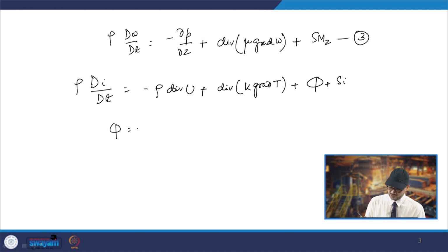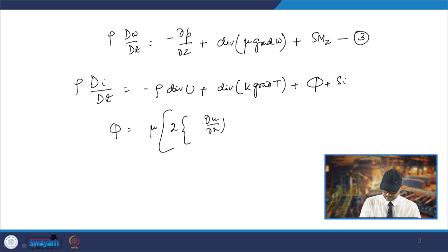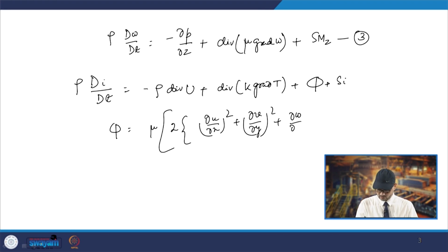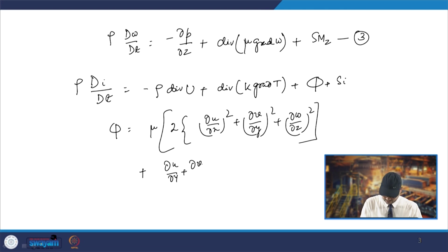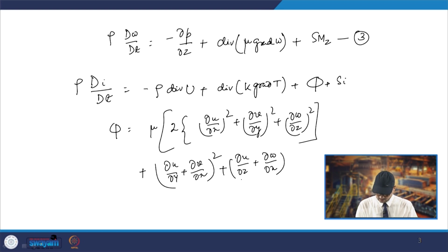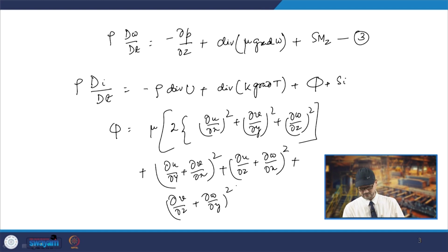This phi is basically mu times 2 times the bracket of dou u by dou x square plus dou v by dou y square plus dou w by dou z square, and then you have dou u by dou y plus dou v by dou x, squared, plus dou u by dou z plus dou w by dou x, squared, and further dou v by dou z plus dou w by dou y, squared.